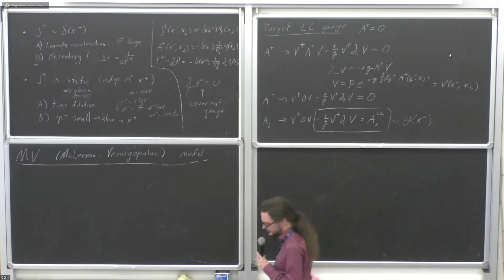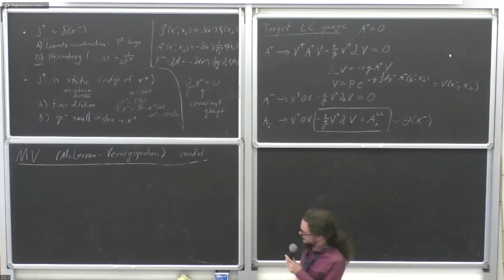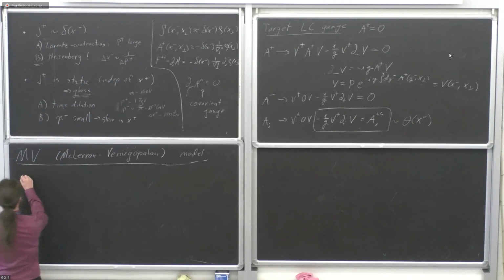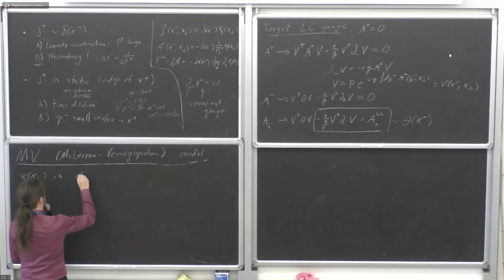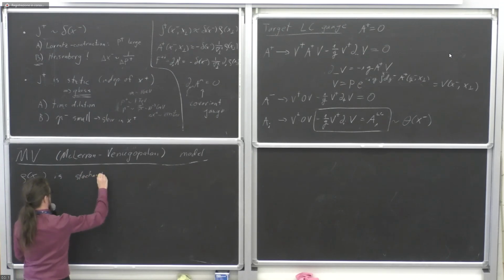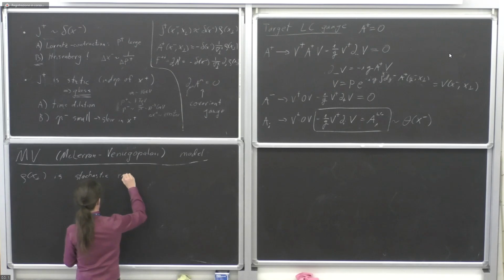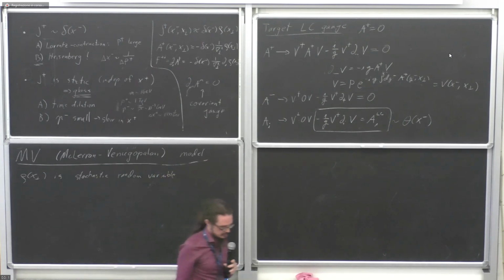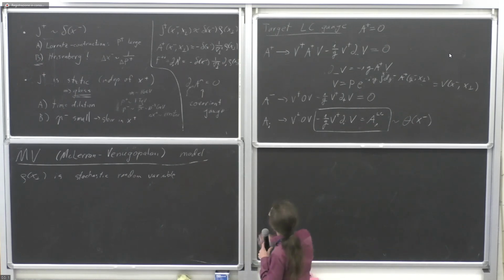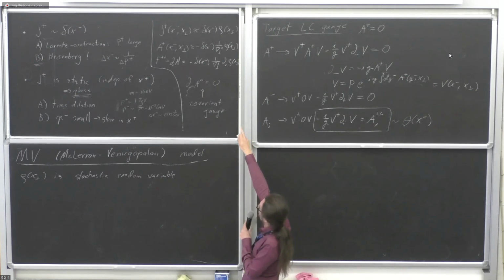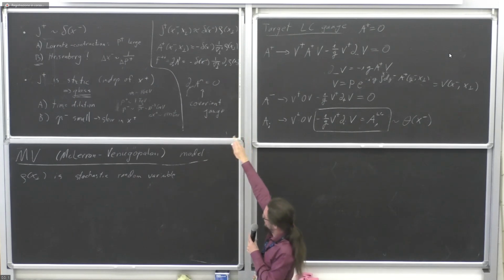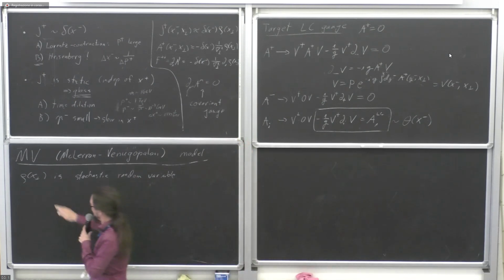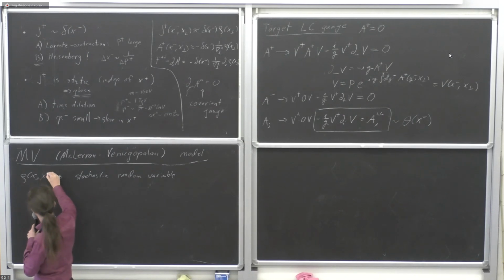Okay. Well, the MV model says that the charge density rho is a stochastic random variable. Over there I separated the x minus dependence from the x-perp dependence. Now I'm going to reintroduce the x minus dependence into the charge density.